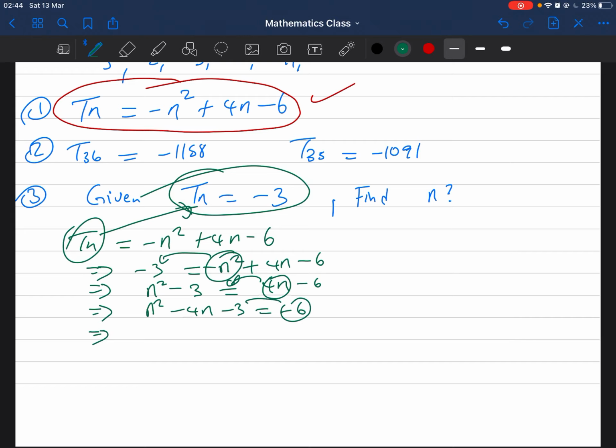Let's finish this: n squared minus 4n minus 3 plus 6 is equal to 0. The reason I'm doing this is so that everybody can follow. So n squared minus 4n, and -3 plus 6 is like 6 minus 3, which is 3, is equal to 0. So you can actually jump these steps.